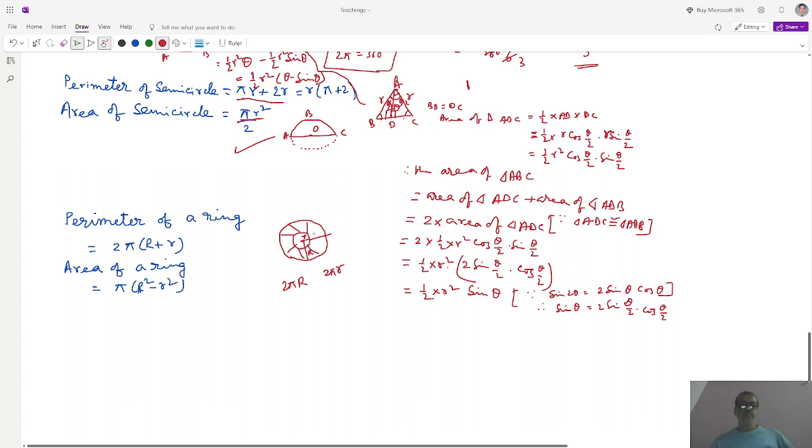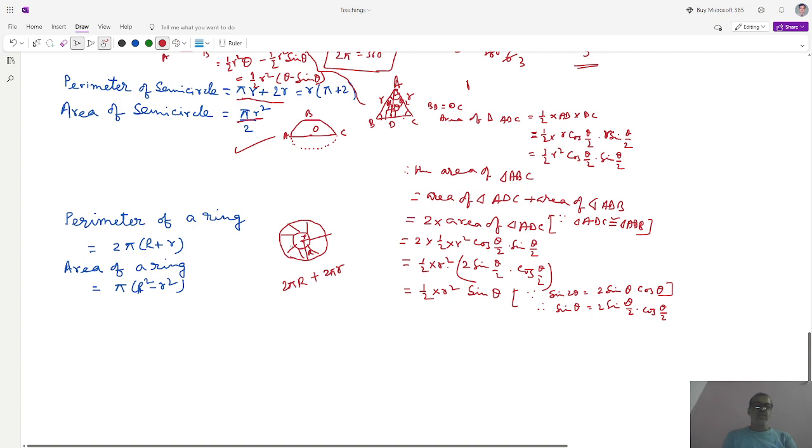So the perimeter of a ring equals 2 pi capital R plus 2 pi small r. The term perimeter is used in triangles, polygons, etc. But for circle, in place of perimeter, circumference is used.